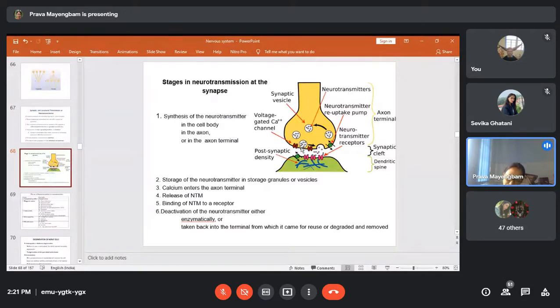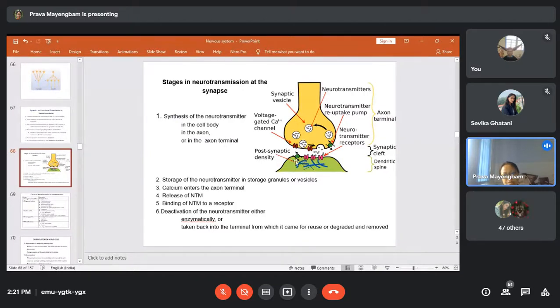The membrane of the vesicle will come in close contact with the membrane of the axon terminal, and there will be rupture of these, and it will release the neurotransmitter.